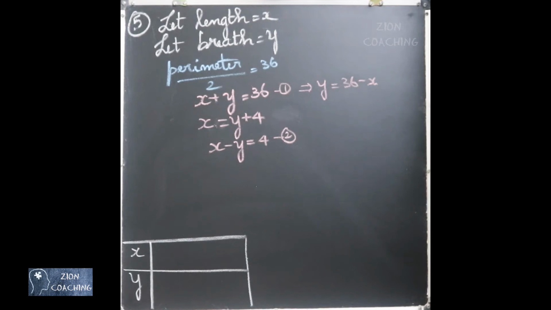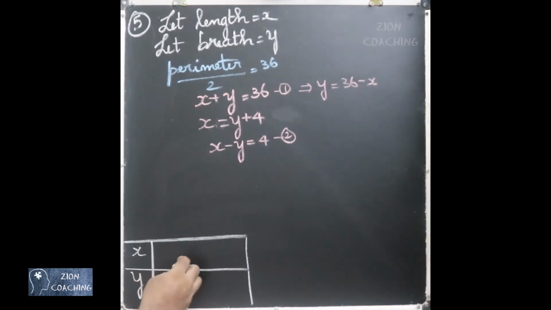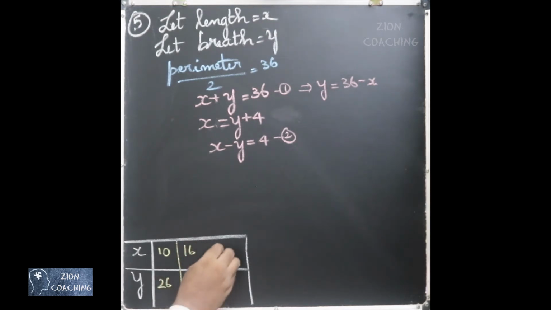So when x value is 10, y value is going to be 26. When x value is 16, y value is going to be 20. When x value is going to be 20, y value is going to be 16.